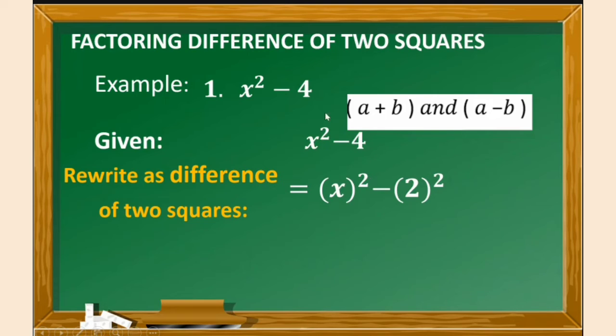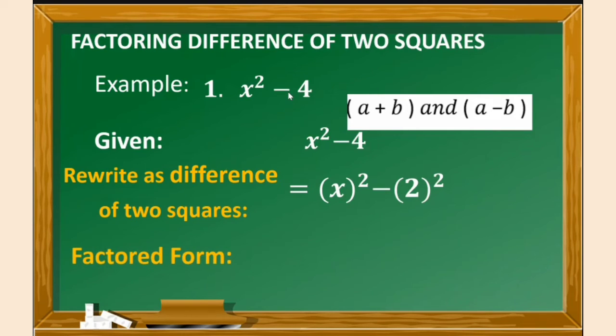How about 4? The perfect square of 4 is 2 raised to 2. Pag binalik ulit natin yan, babalik ulit yan dito. X raised to 2, x times x squared. 2 times 2, 4. Minus, kasi minus nga yung given natin na symbol. Next.